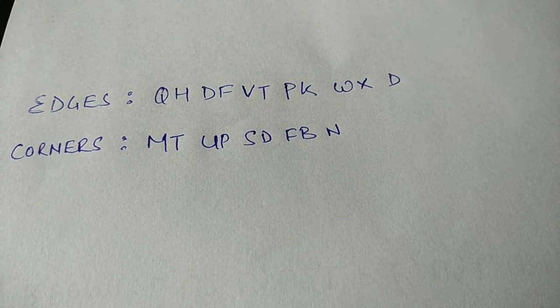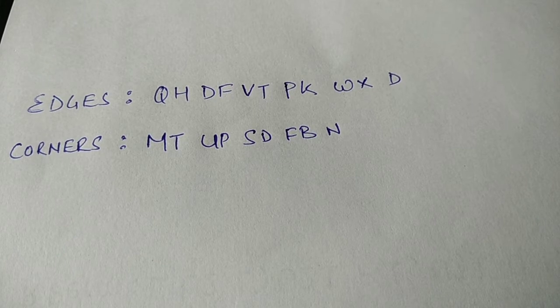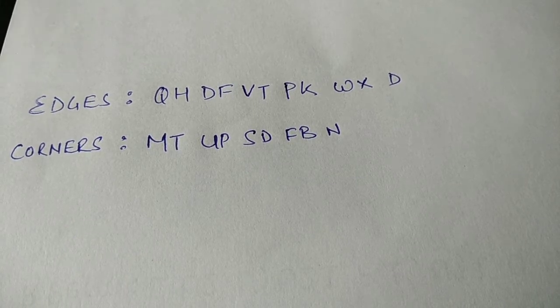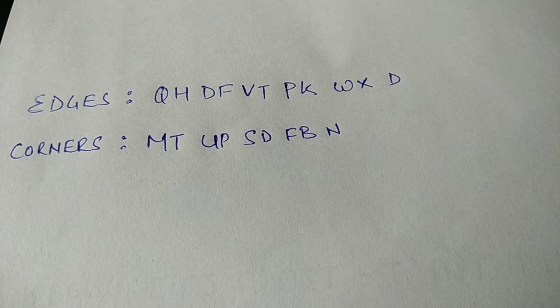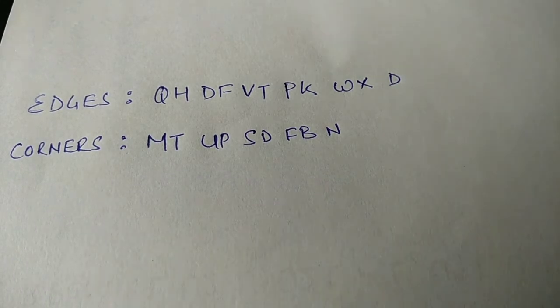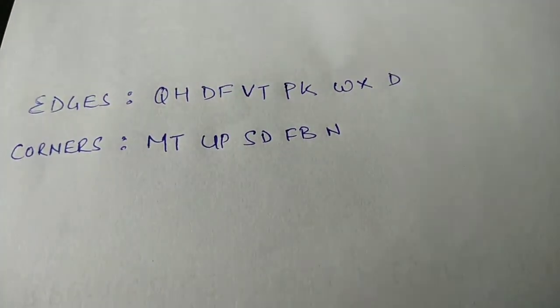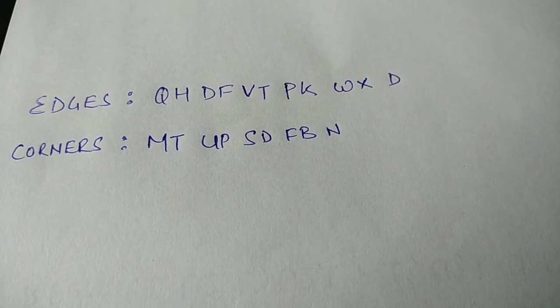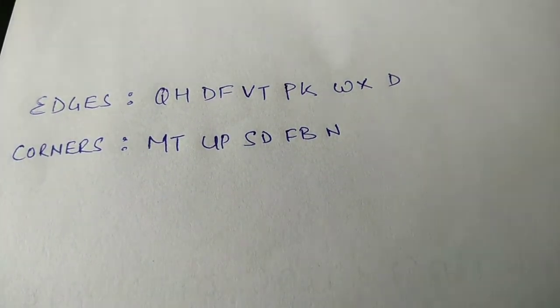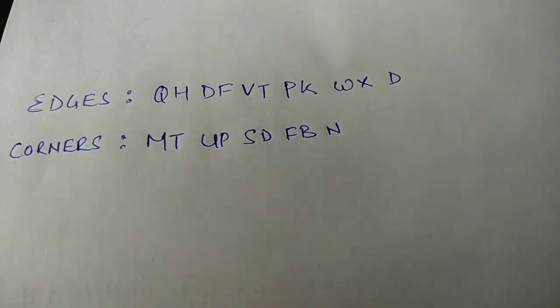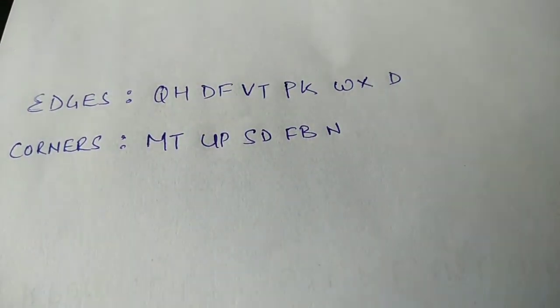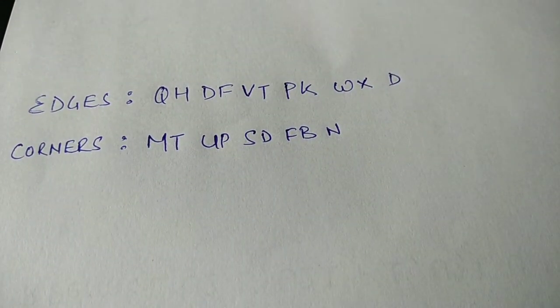So total, there are 10 or 11 letters of edges, and 8 or 9 of corners. So total 20 letters we have to memorize to solve the cube. You can make some stories, you can memorize by words. So this is the only 20 letters which will solve your cube.